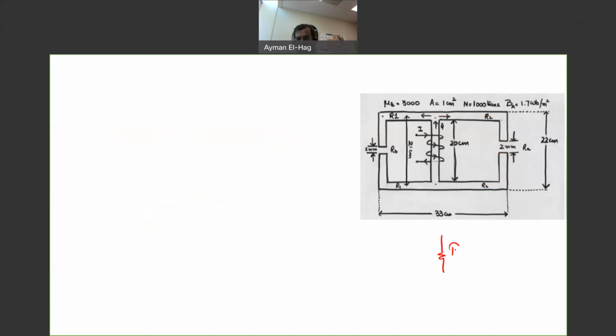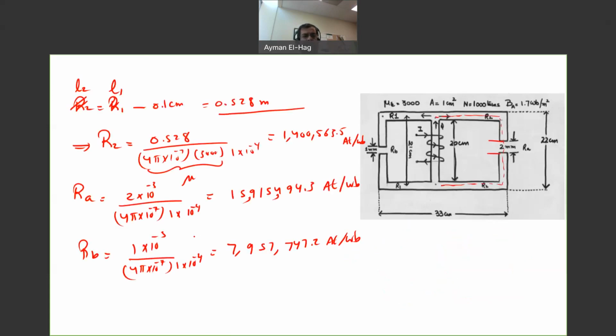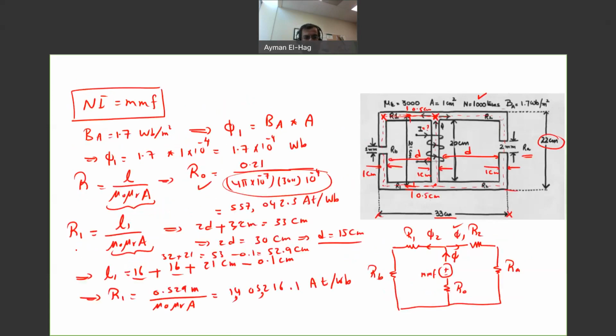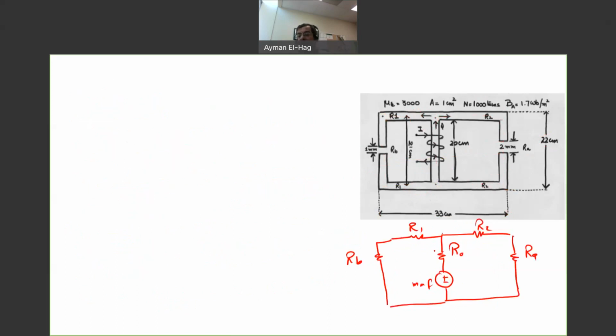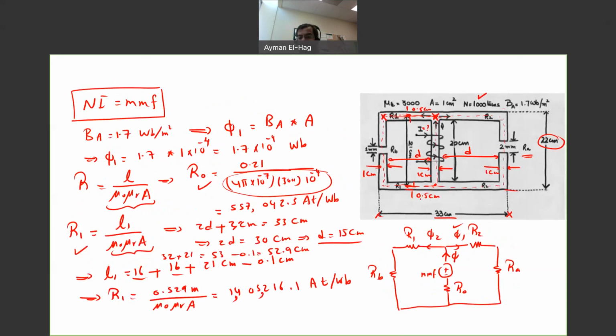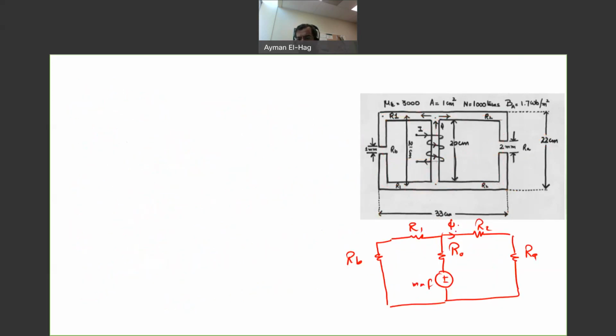We will have reluctance 0, my MMF, reluctance 2, and here we have reluctance A. Now we have reluctance 1 and reluctance B. So all the values we already know: reluctance 0, reluctance 1, reluctance 2, reluctance A, and reluctance B. All the reluctances are given to us, plus we know this flux phi 1.